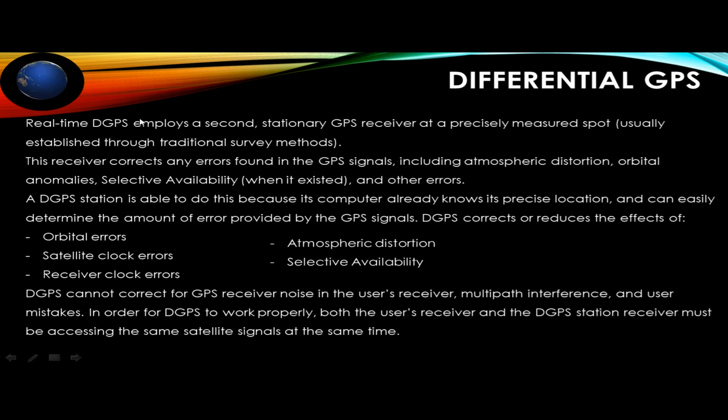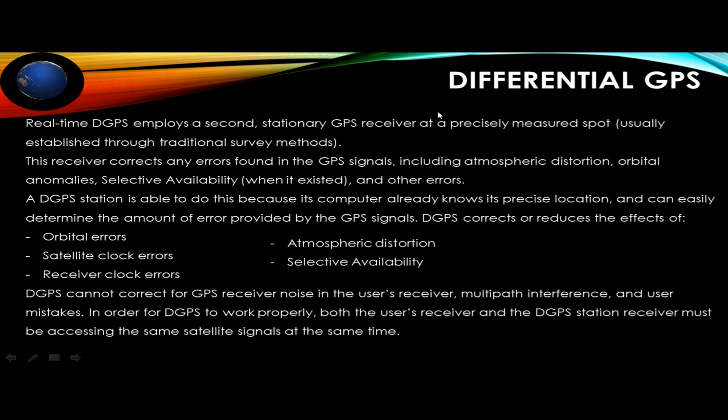DGPS corrects and reduces the effect of orbital error, satellite clock error, and receiver error, because it is taken care of through the precise location. The main point here is how the control station knows the precise location. That is the main point in DGPS, which is not available in stationary GPS.